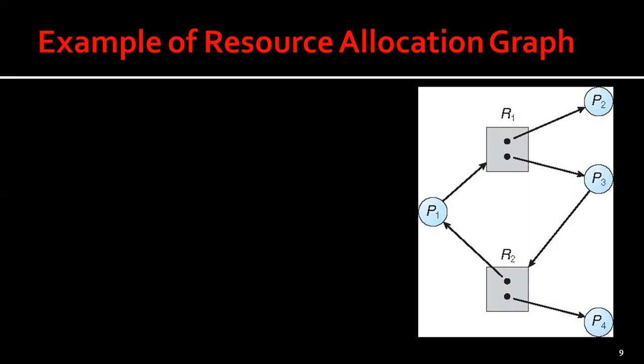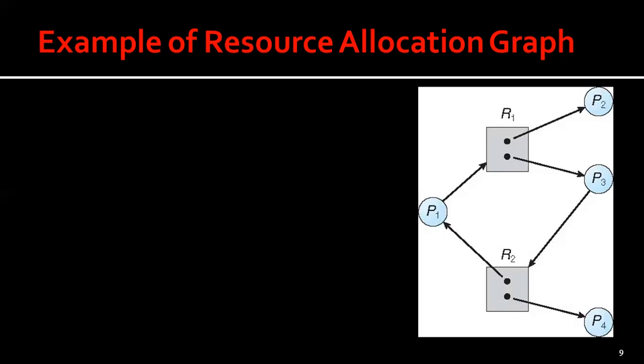And process P3 is waiting for the resource R2 and it is holding the resource R1 and is waiting for the resource that is being held by the process P1. So here P1, P2 and P3 are deadlock situations.